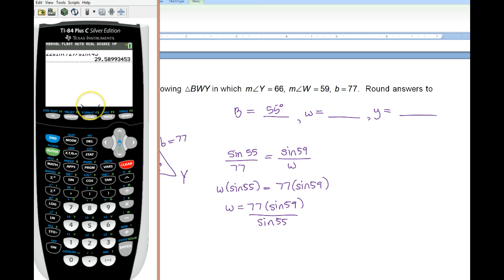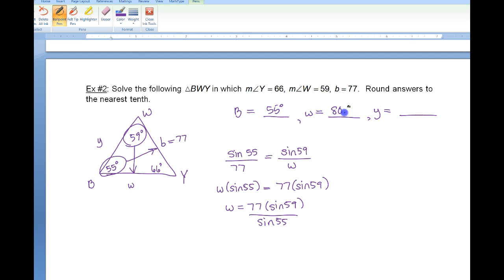So let's plug that in. 77 sine of 59, close parentheses, divided by sine of 55. And we get 80.6. Oh, that's not degrees, that's just a ruler.